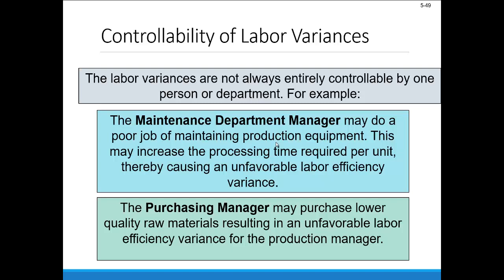On the other hand, the purchasing manager might purchase lower quality raw materials than we should be purchasing. That could lead to an unfavorable efficiency variance for labor as well if people are having to rework things or redo things along the production line because of the poor quality material or having to throw out additional material.